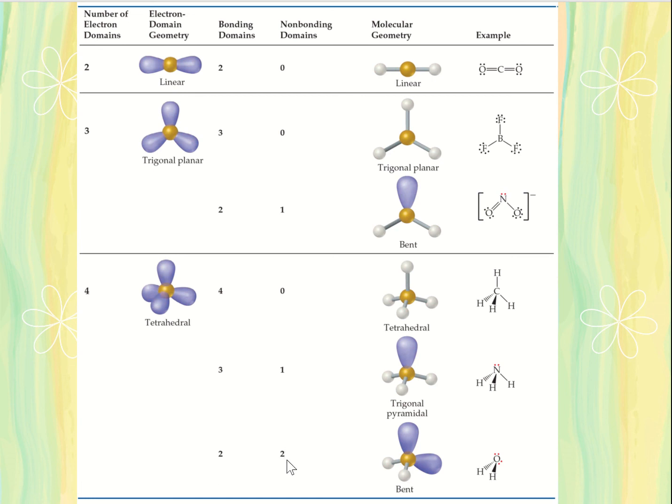And if we have two non-bonding domains, the shape is bent, right? As we see with water. So water is bent, has a bent shape. So here, what is important is that we know that there's a difference between electron domain geometry and molecular geometry. And there's a difference if we have non-bonding electron domains, right? So hopefully that is clear.